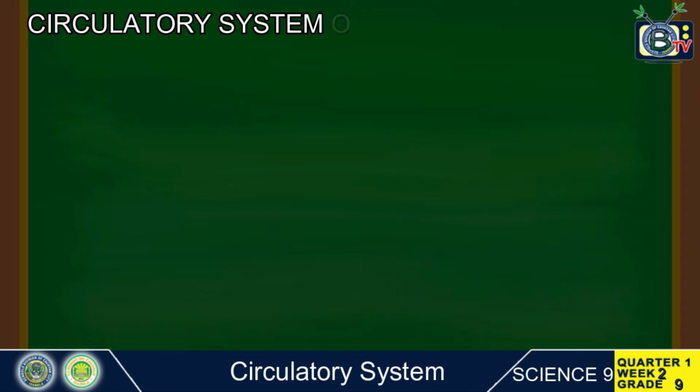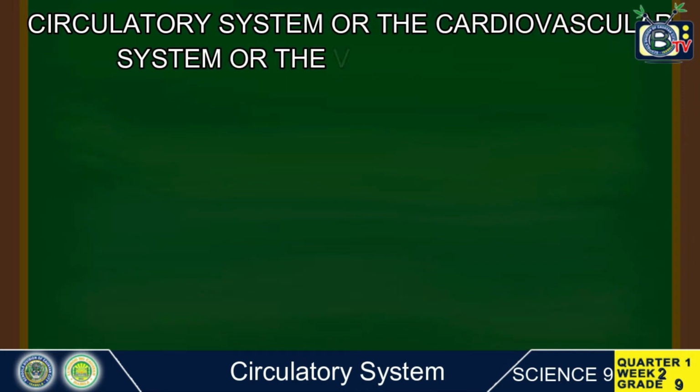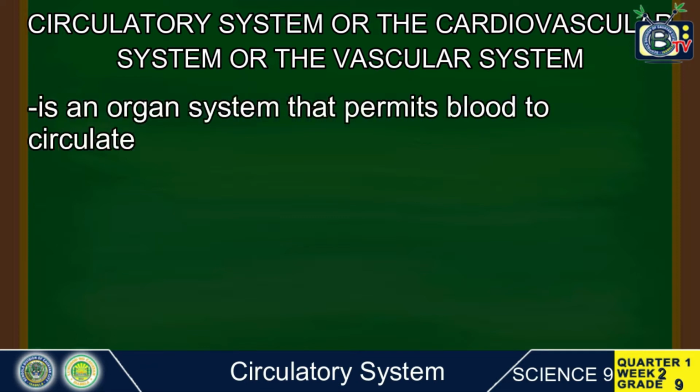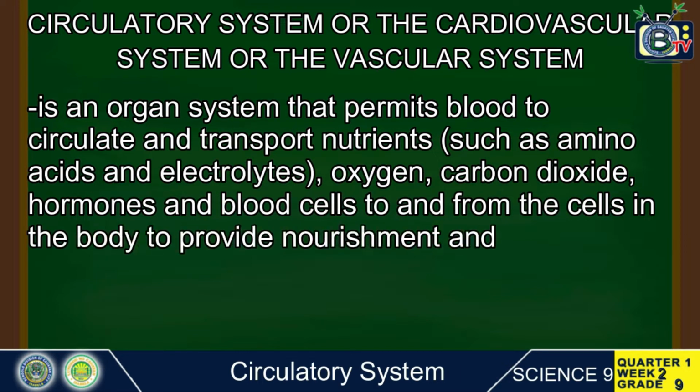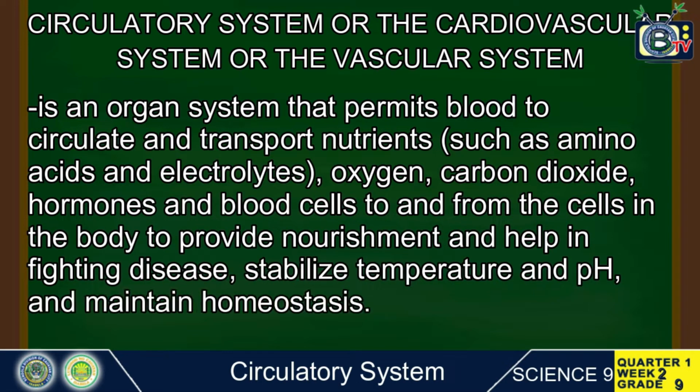The circulatory system, or the cardiovascular system, or the vascular system, is an organ system that permits blood to circulate and transport nutrients such as amino acids and electrolytes, oxygen, carbon dioxide, hormones, and blood cells to and from the cells in the body to provide nourishment and help in fighting disease, stabilize temperature and pH, and maintain homeostasis.